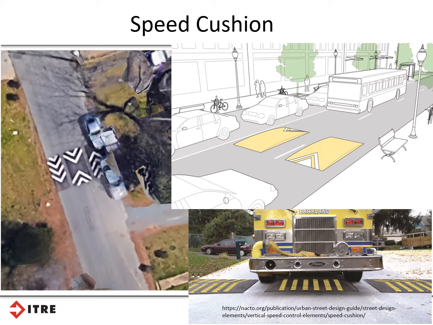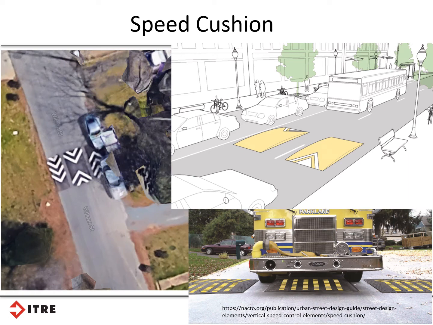The speed cushion is another similar type concept that is used to allow cutouts for larger vehicles, in particular buses and emergency vehicles that wouldn't actually have to drive up on the speed cushion to be able to go through them. That's one of the common complaints about any vertical traffic calming measure, is that it slows down or has the potential to slow down emergency vehicles.